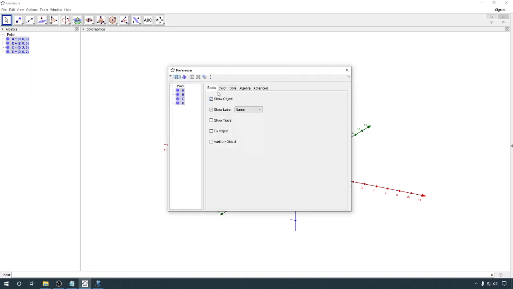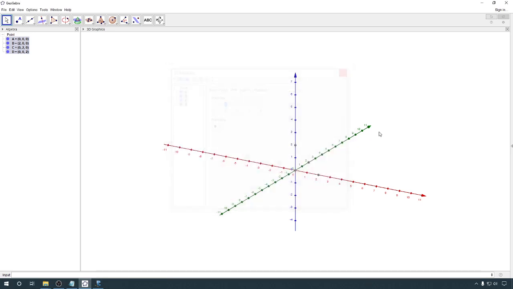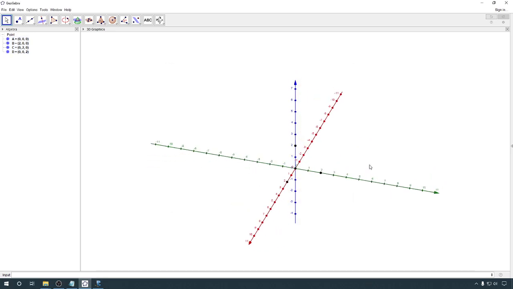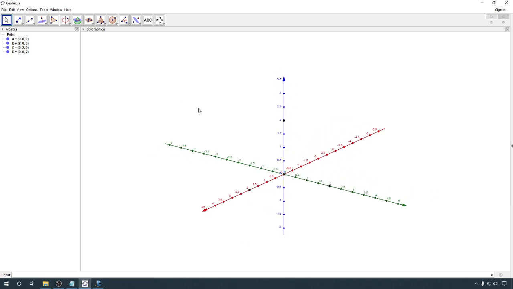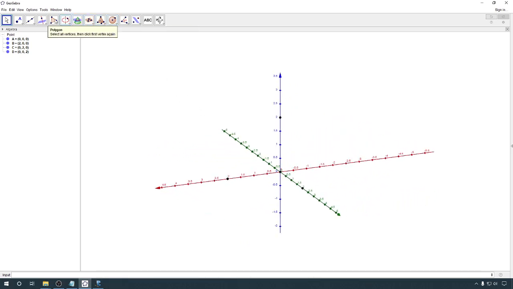I'm actually going to make these smaller. I don't know why it always tries to make them really big and label them all that. I'm going to go ahead and make segments connecting those points.